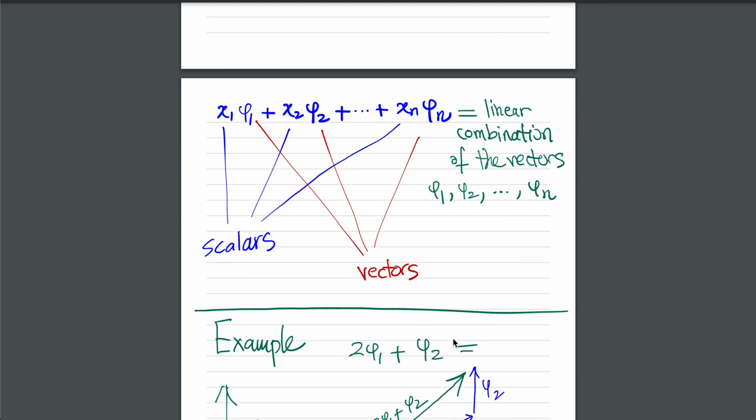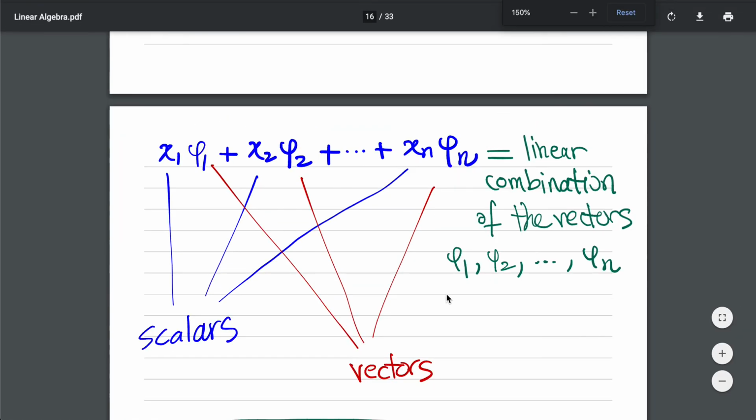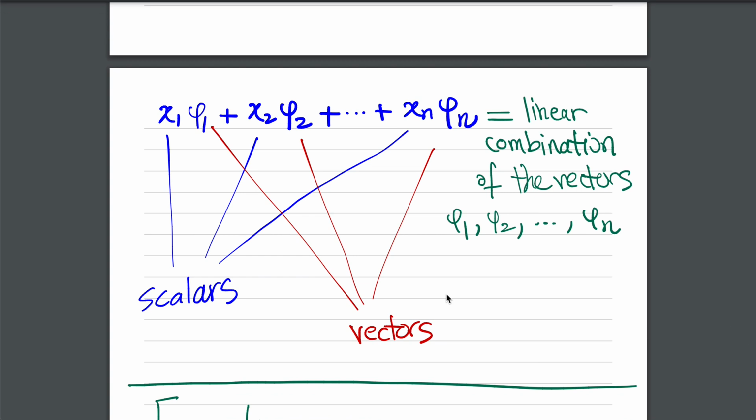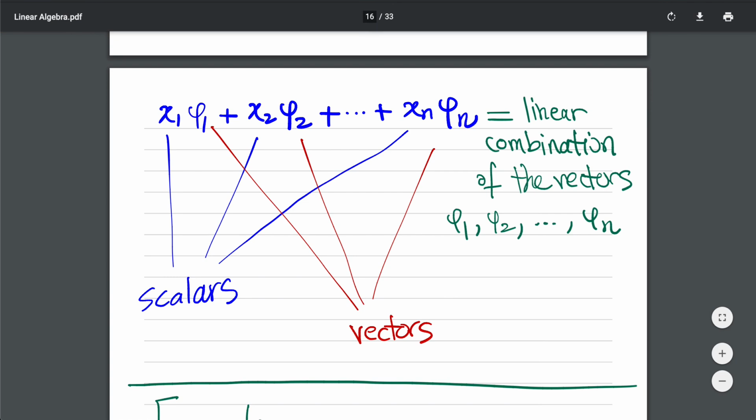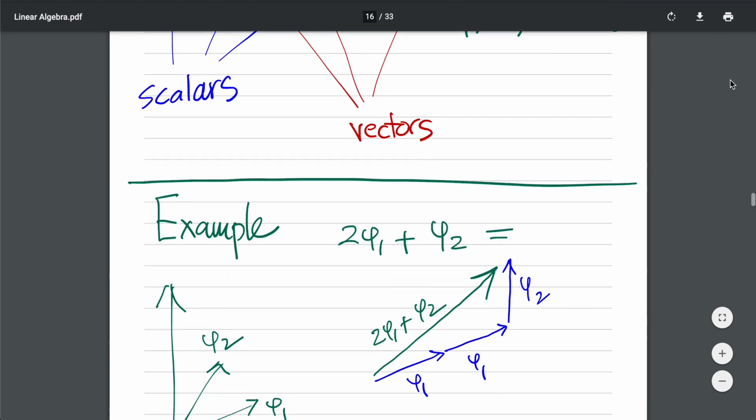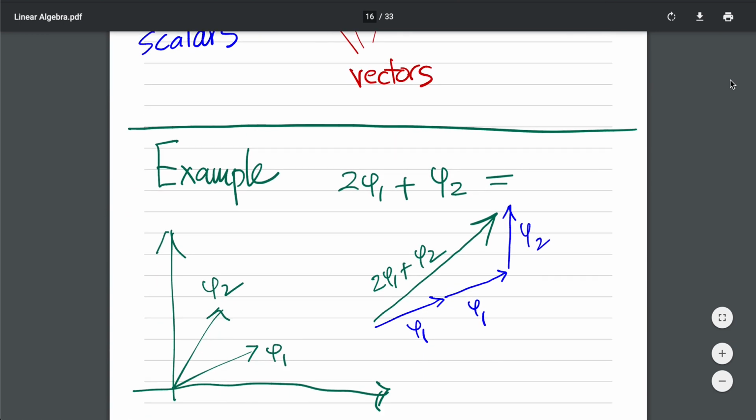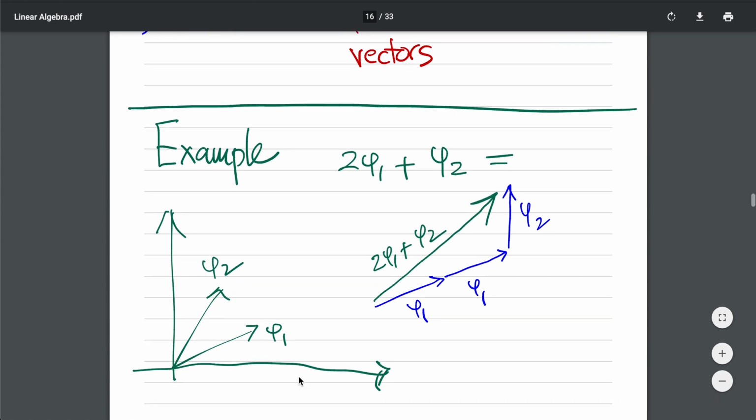This is basically an illustration of what I just said. So imagine this is a two-dimensional space.